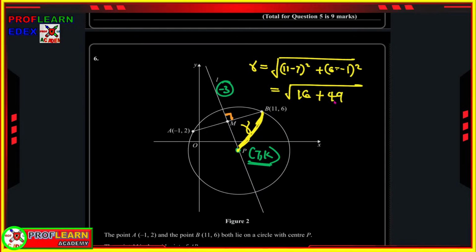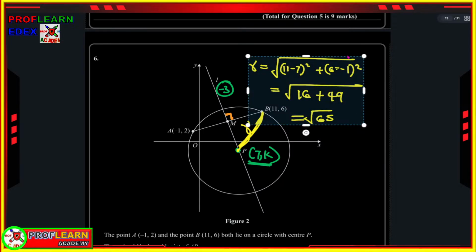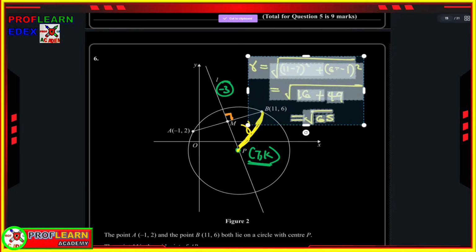So we shall have 16 plus 49, and then this becomes root 65. That is the radius of this beautiful circle that we have at this point.